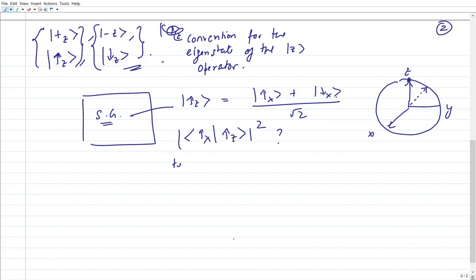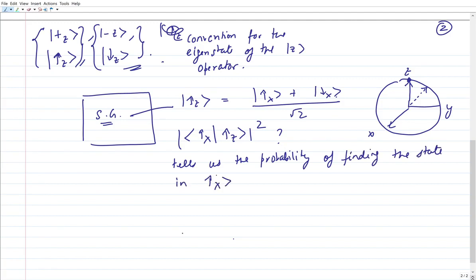It tells us the probability of finding the state in plus x, or the positive eigenvalue x.